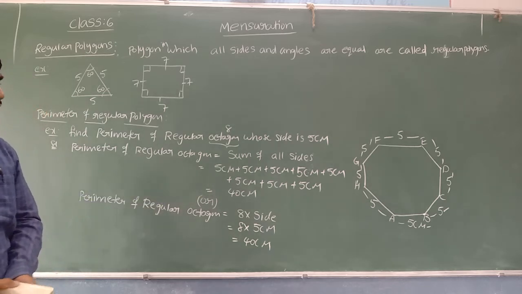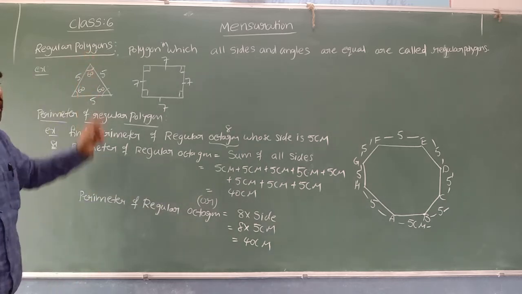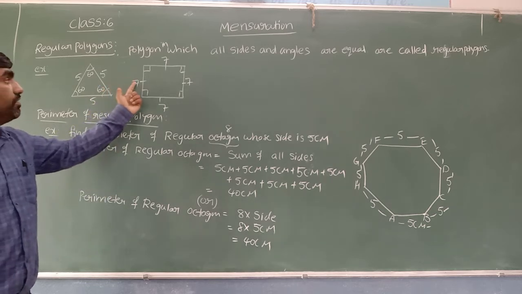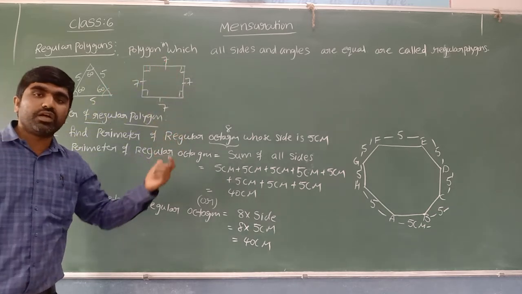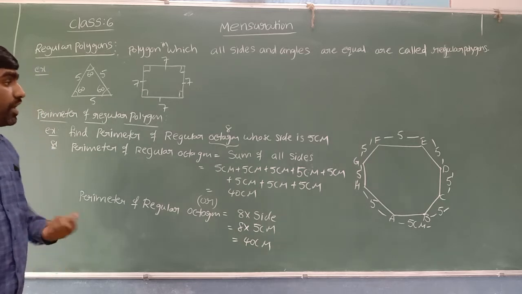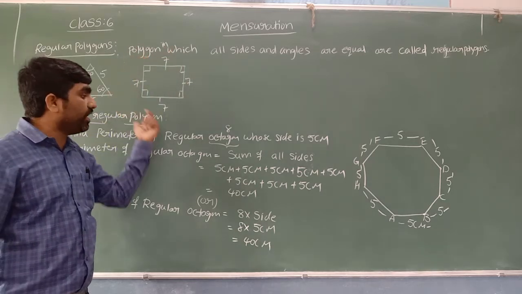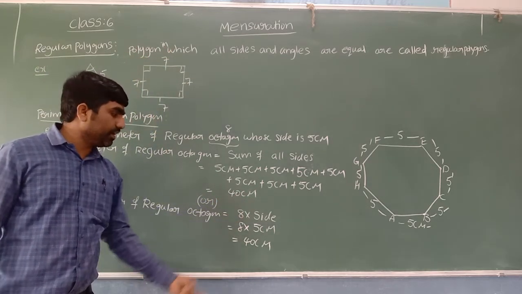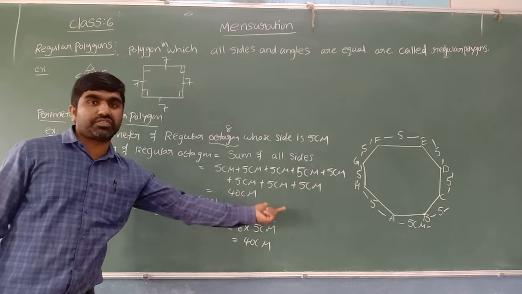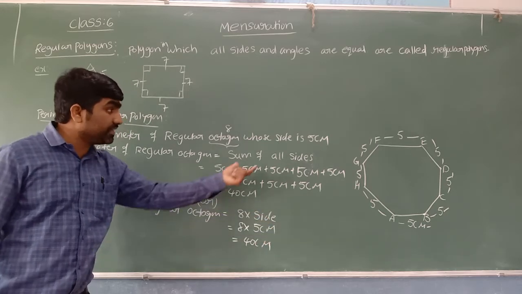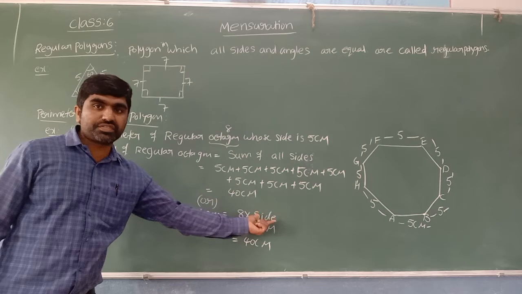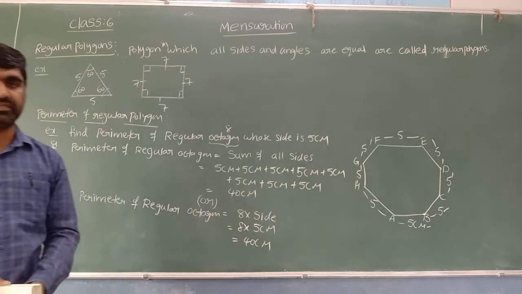Hope it is clear. Regular polygons are nothing but polygons in which all the sides are equal and all the angles are equal. So when all sides are equal, instead of adding individually, we can write number of sides into length of the side. Suppose it has 8 sides, 8 into length of side, we will get the perimeter.